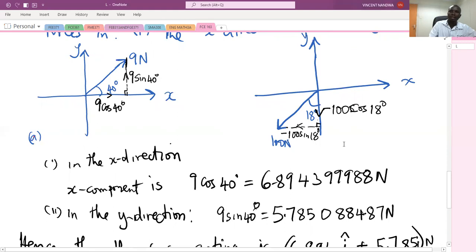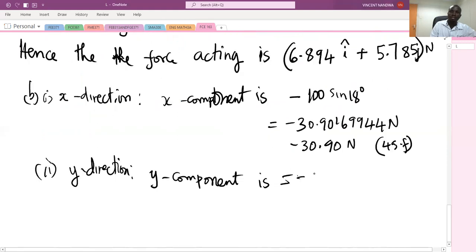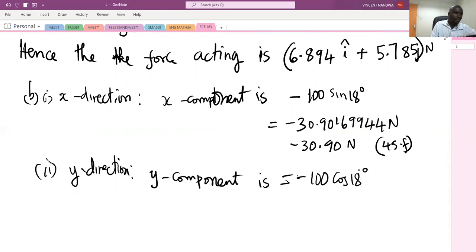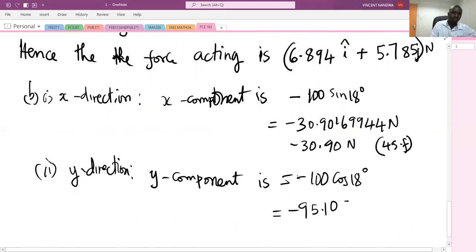So negative 100 cosine of 18 degrees, which gives us negative 95.10565163 newtons.